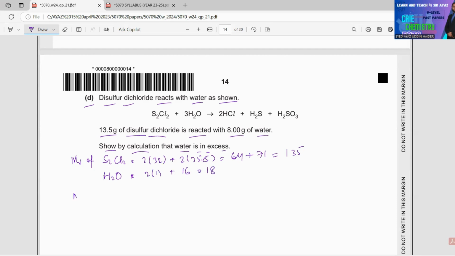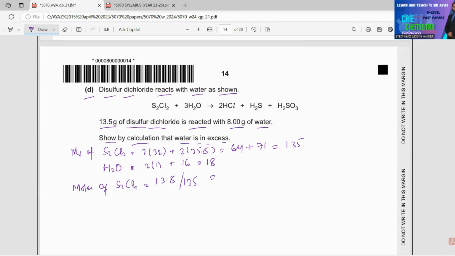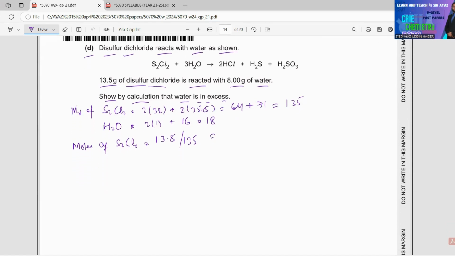So, now the moles of S2Cl2, 13.5 divided by 135 will become 0.1 moles. What about H2O? 8 divided by 18 will become 0.444 moles.